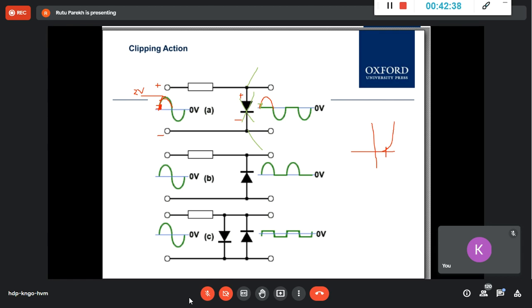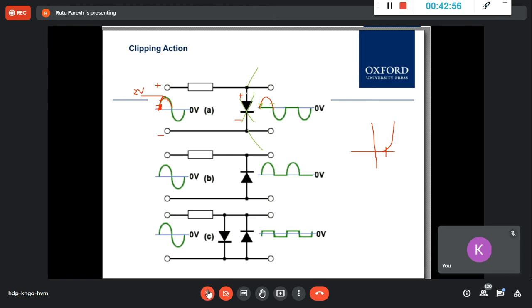Then 0.7 comes, and then 0.8, 1 volt, 2 volt, all those voltages. For all of these voltages, is the diode conducting or not conducting? Conducting.